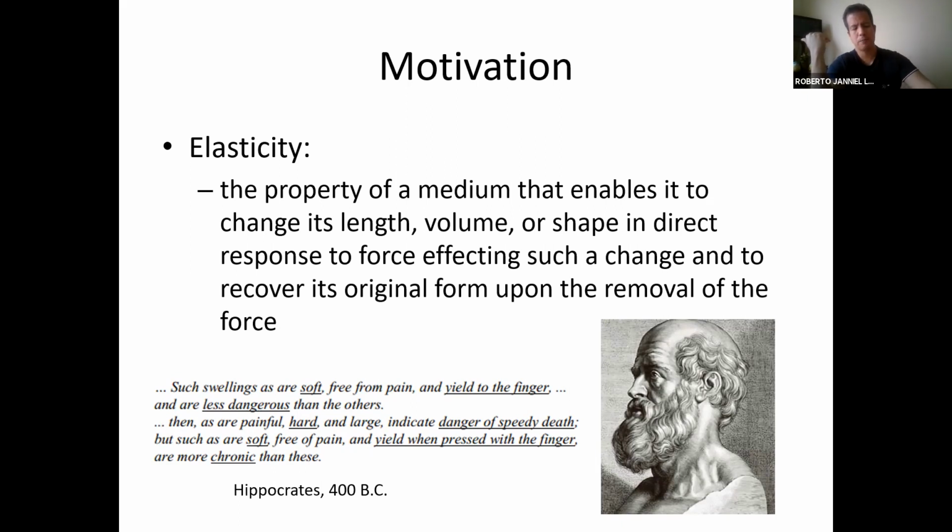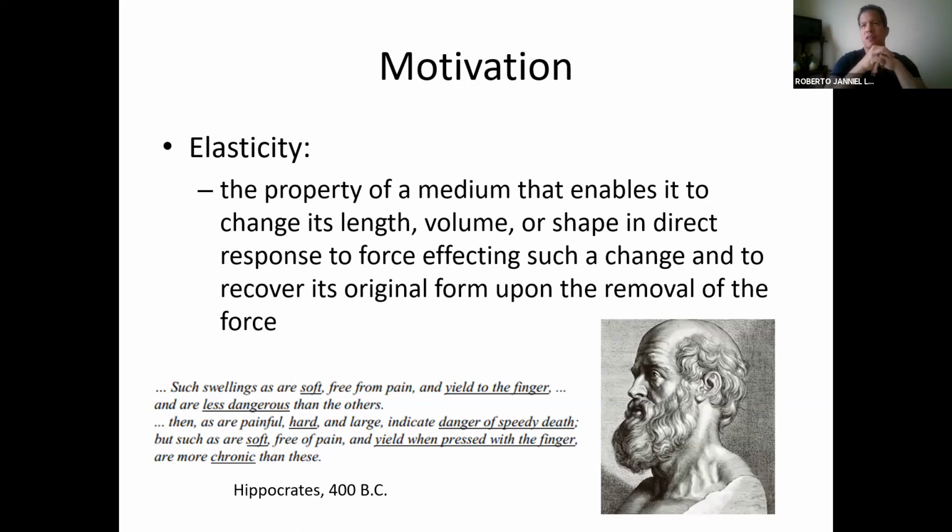It relates, in general, to viscoelastic properties, and we'll get to talk about that in a little bit too. But elasticity in itself is a property of a medium that enables it to change length, volume, or shape because you are applying a force, and that it can recover its original form upon removal of said force.